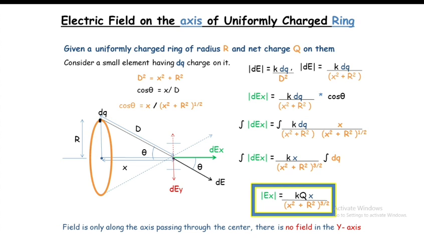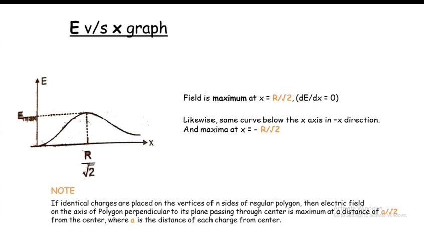Suppose here is a hexagon or a pentagon, regular pentagon or regular hexagon, and if the distance from each charge is r or a, then the electric field will be maximum on the axis at a by root 2 or r by root 2 from the center. We'll do more questions based on this note in our tutorial lecture.